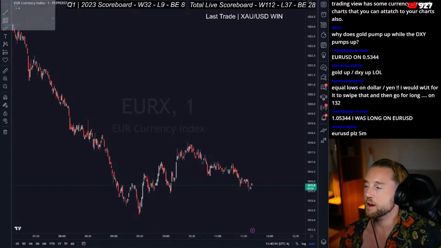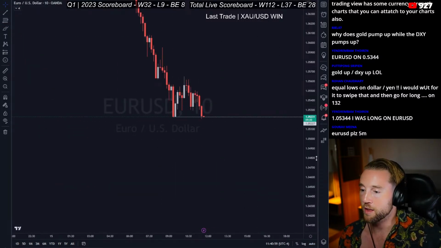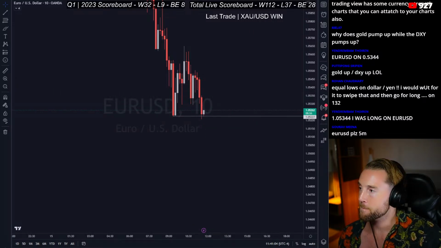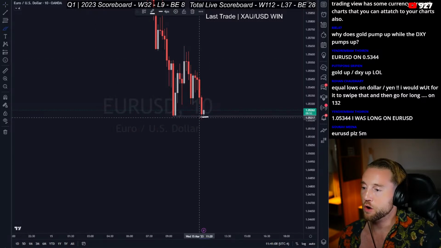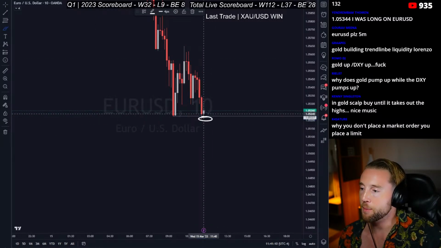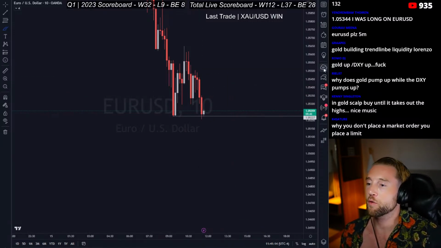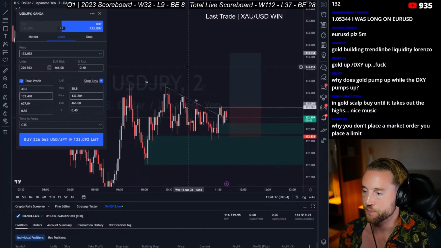If the dollar breaks an internal high, yet the euro US dollar creates a lower low, and you entered here, I should go out. If you close below it for sure, maybe you can wait for the pullback and get out on break even. That would be ideal, and look for a better entry. But it's personal preference here.